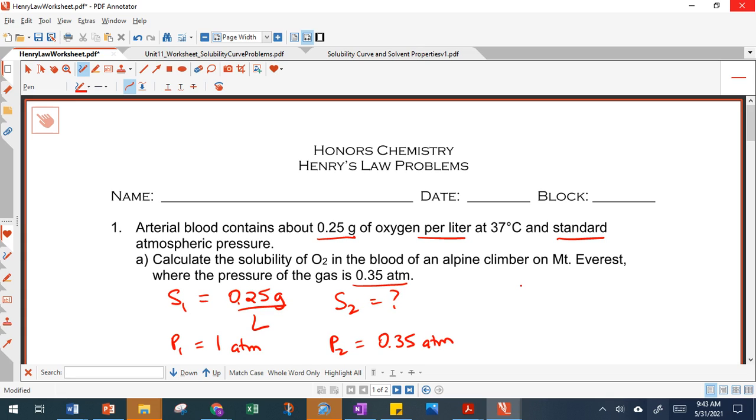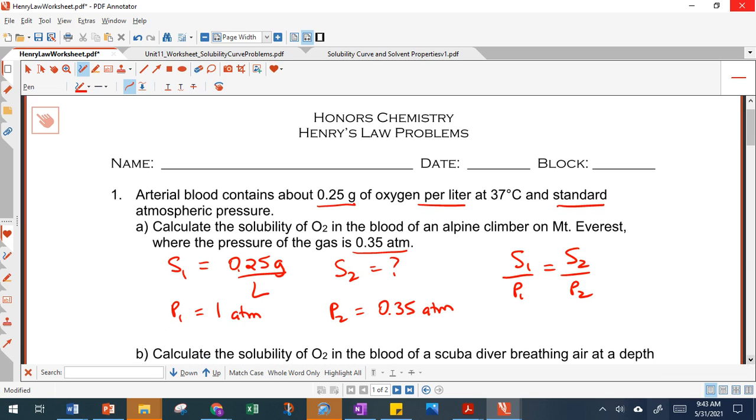Again, your formula is S1 over P1 is equal to S2 over P2. You substitute this information into the equation, making sure that your units match up, and they do. It does not ask for a particular unit for solubility, so you can leave it in grams per liter. So you plug in 0.25 grams per liter over 1 atm is equal to S2, our unknown, over 0.35 atm. We notice the atmospheres cancel out, and then we can solve for S2.